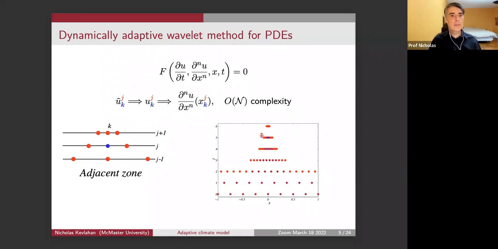And the key ingredients are the filtering, the adding the adjacent zone, and adding the neighbors at the same scale is good for CFL of 1, kind of advecting back and forth, and adding neighbors at the nearest scale 2 times finer is good for steepening, for making steeper waves.